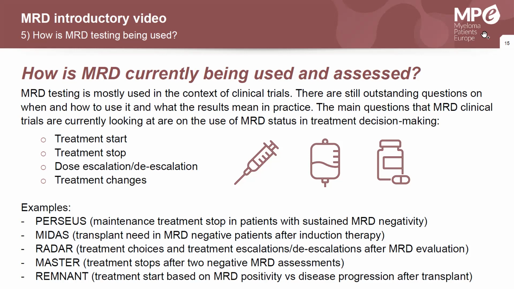The REDA study, which is exploring different treatment choices and treatment escalation, de-escalation in transplant-eligible newly diagnosed patients with myeloma after MRD status evaluation. The MASTER study explored treatment stops after 2 negative MRD assessments, and the REMNANT study is looking at whether patients should start treatments based on MRD positivity versus disease progression after transplants.